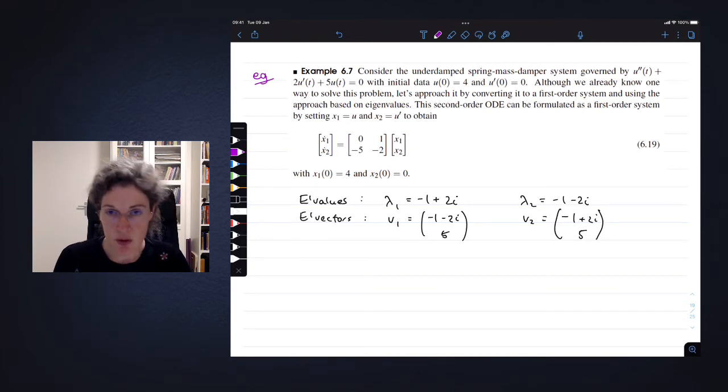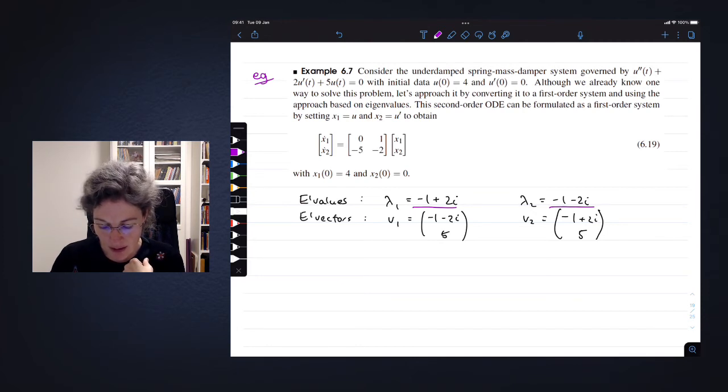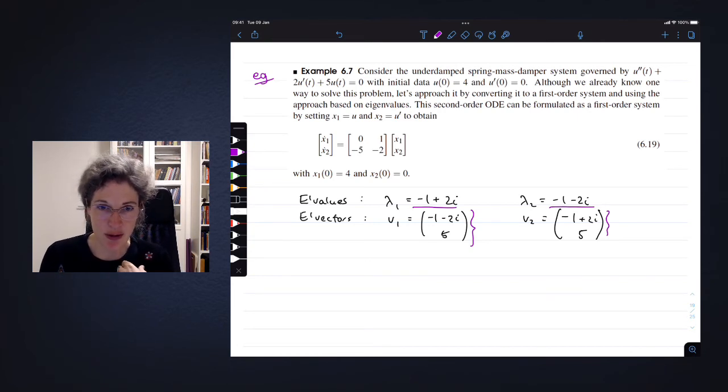And one of the things that you'll notice, just as in previous cases, if you get complex eigenvalues, so complex roots, then you should find that your two eigenvalues are complex conjugates of each other. And similarly, the associated eigenvectors will be complex conjugates of each other. So if that didn't happen, go back and check your working.